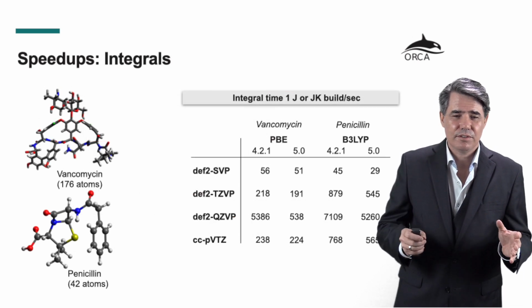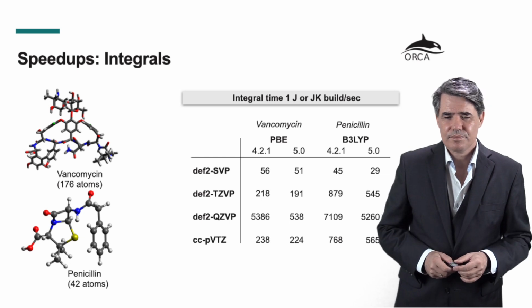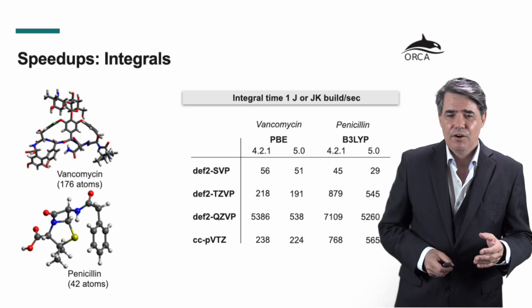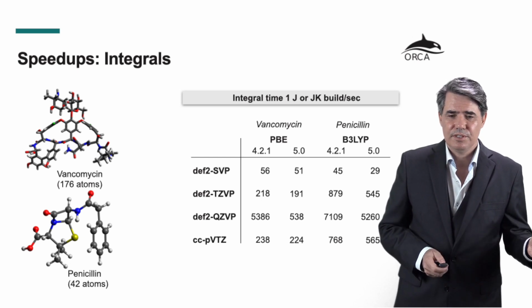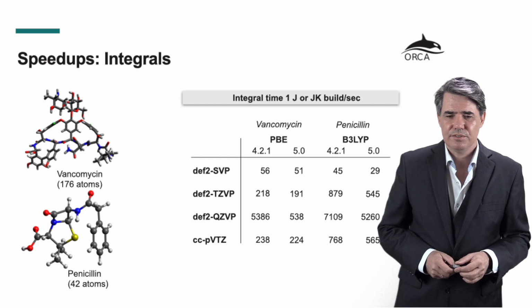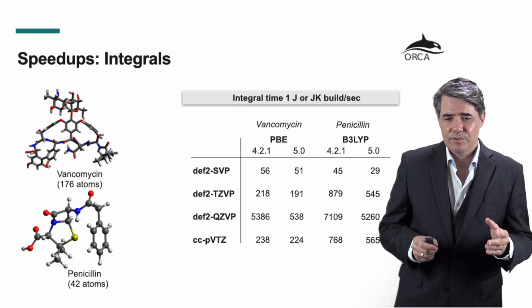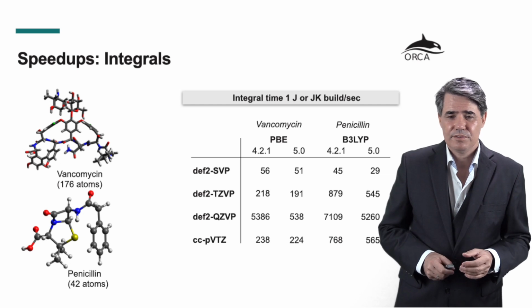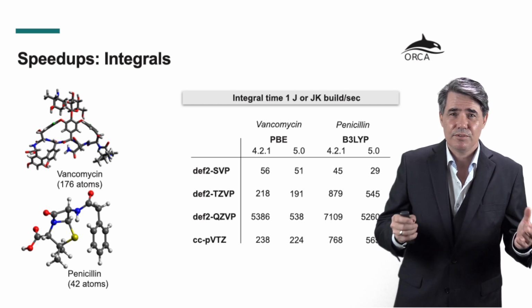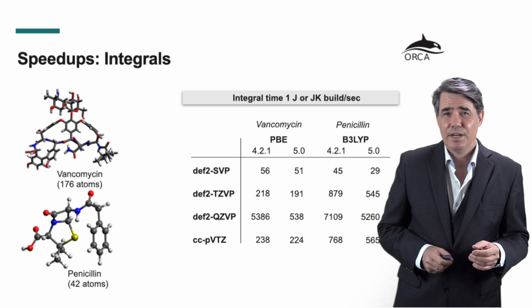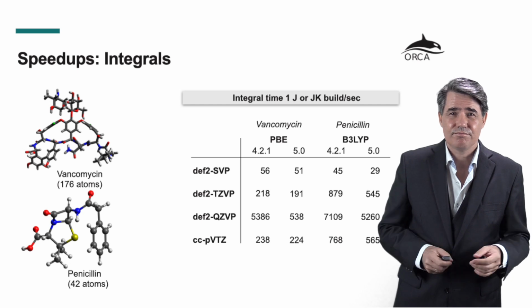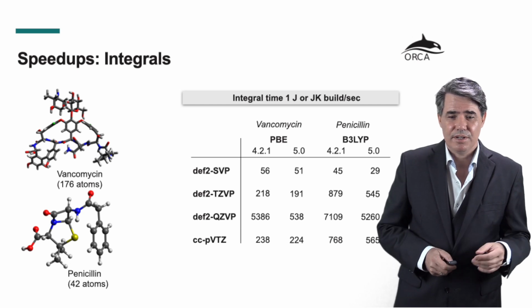So after a lot of optimization, we can compare here ORCA 4.2.1 that uses Libint exclusively and ORCA 5.0, and you see that in all integral transformations, the new algorithm is a fair bit faster. It can be 20%, 30%, but it can range up to a factor of 5, a full factor of 5.